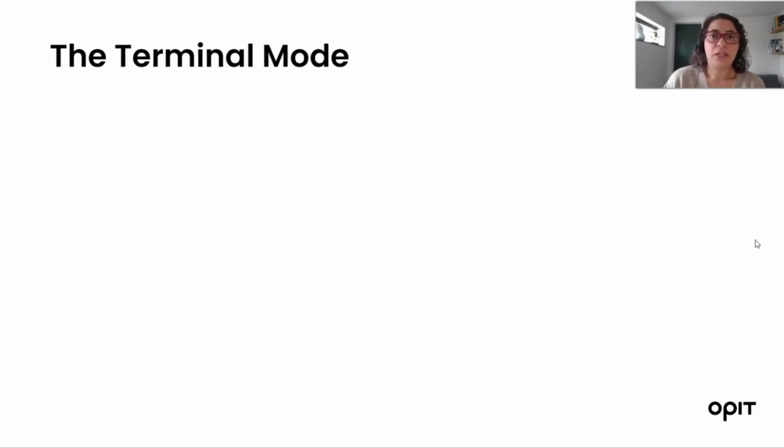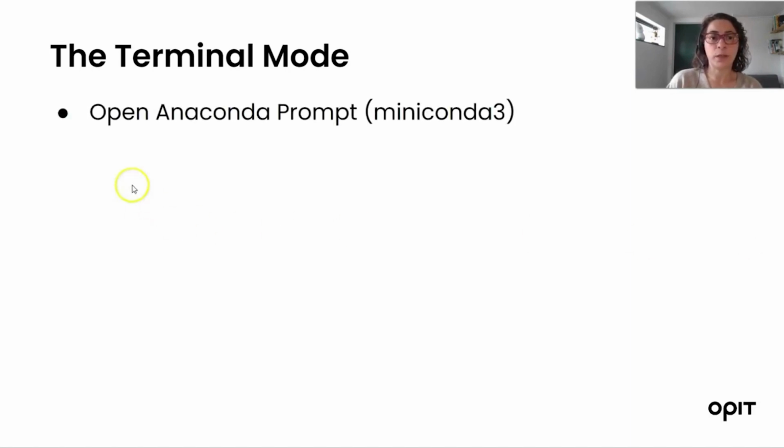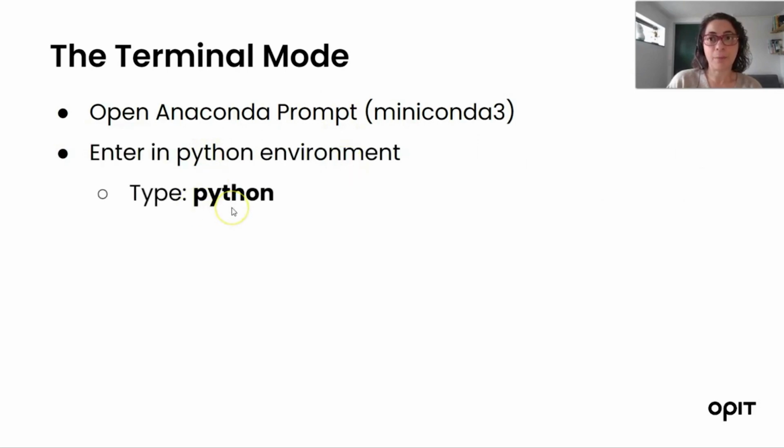We can, however, just simply use a terminal on our computer when we wish to run Python code. Notice, however, that through this mode, your work is not stored once you close the terminal, and that this mode is not suitable for large projects. To use this mode, you can open the Anaconda prompt or any terminal on your computer and enter the Python environment by typing Python.